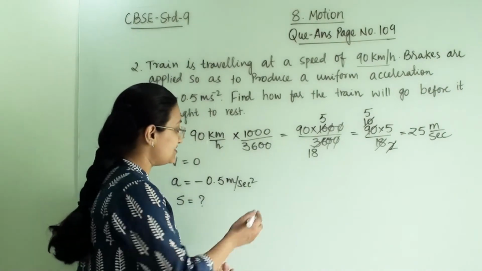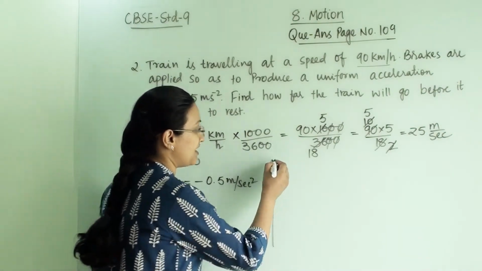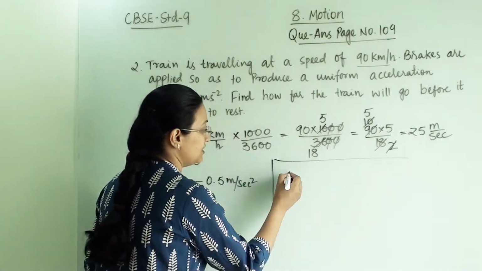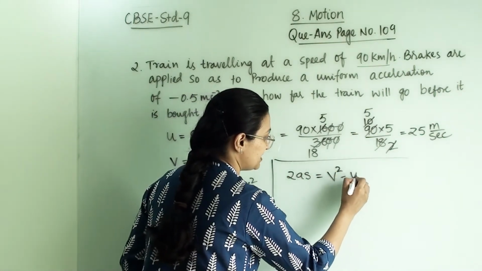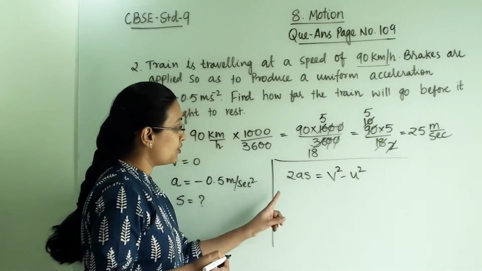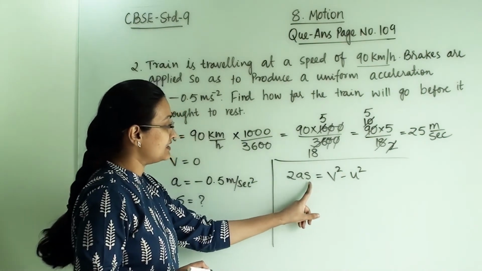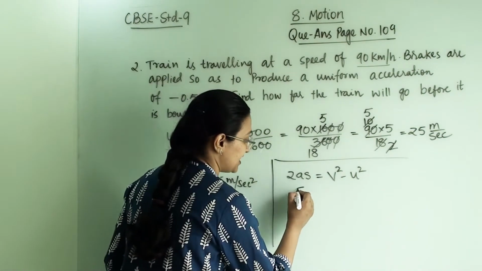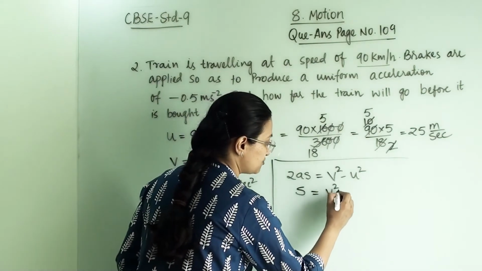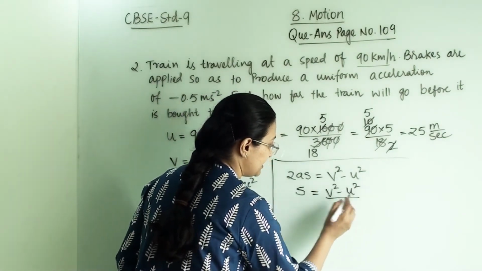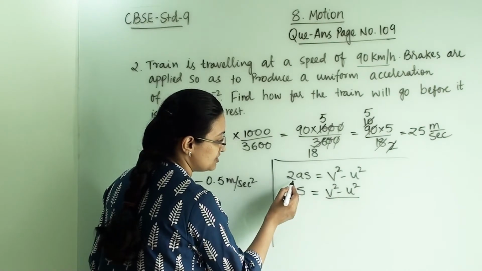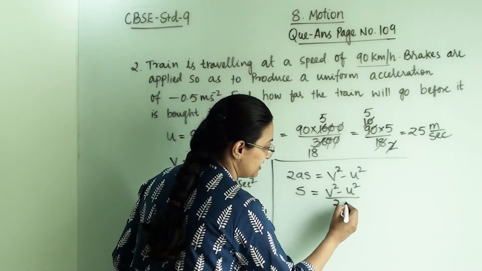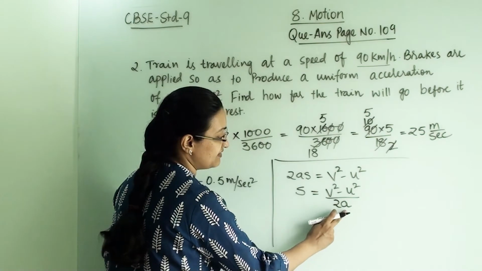After this, let us find out the distance. We have an equation like this: 2as equals v square minus u square. Once we put all the details here, we will get the distance. So let us write s equals v square minus u square divided by 2a. We are taking 2a to the opposite side. It is in multiplication, so it will go in the denominator.